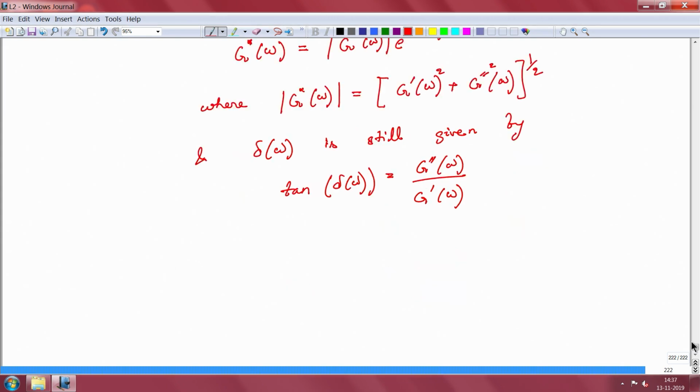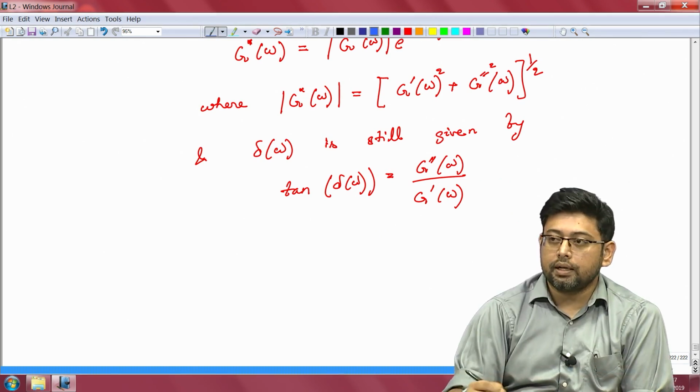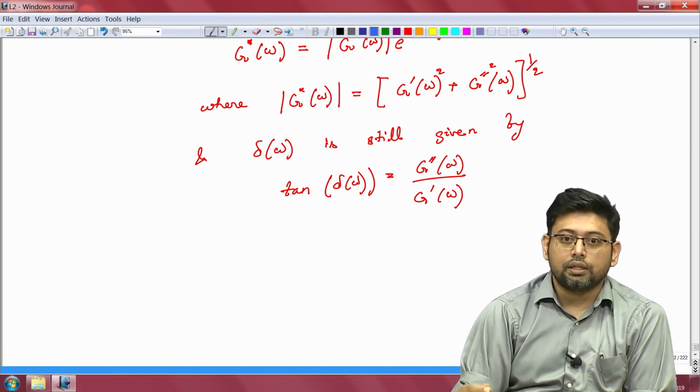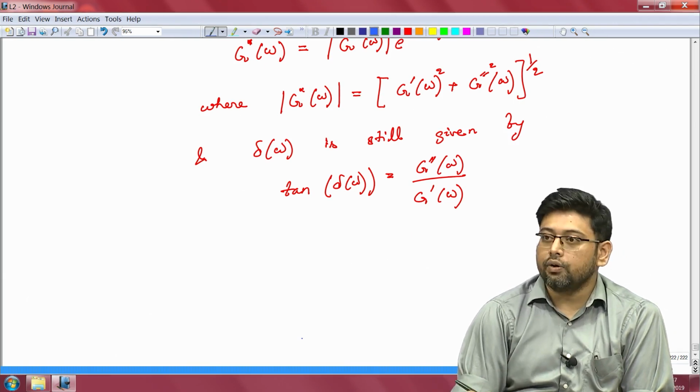So, these are the different forms that you will probably encounter in literature at different points of time. If you go through different books or different materials, the same idea is usually put in very different forms, and these are some of the forms that you are very likely to encounter.